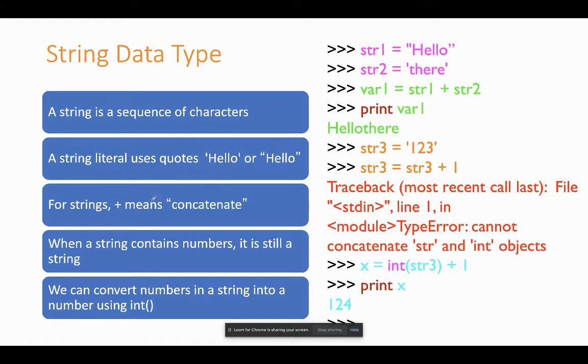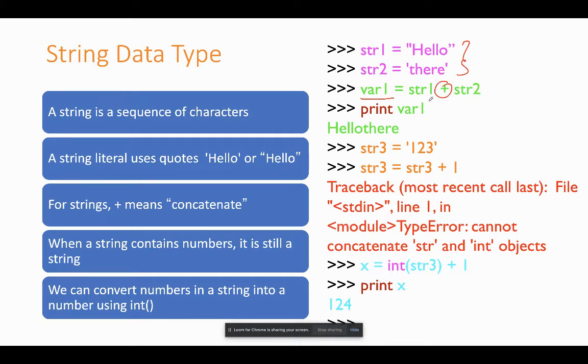Here is an example I have taken: str1 equals hello, str2 equals there. I have to concatenate these two strings into one single word. How to do that? Separately I declare str1 equals hello, str2 equals there. Then I declare var1 equals str1 plus str2.